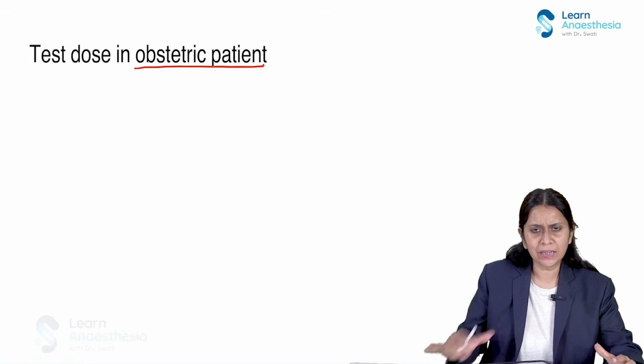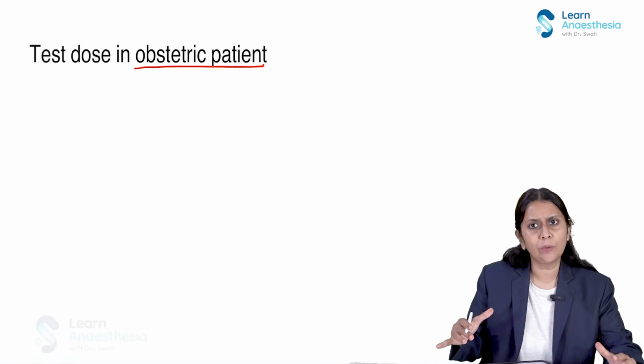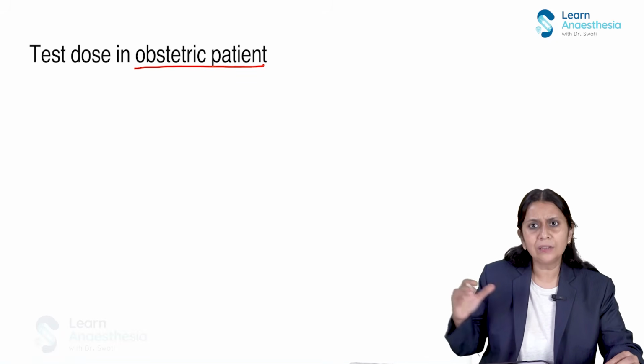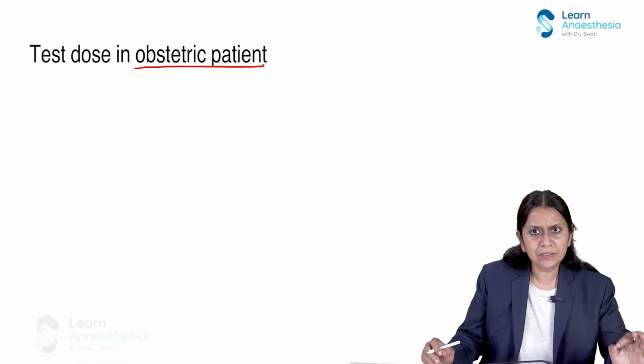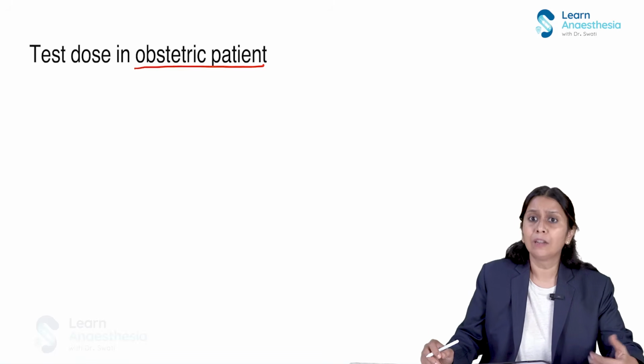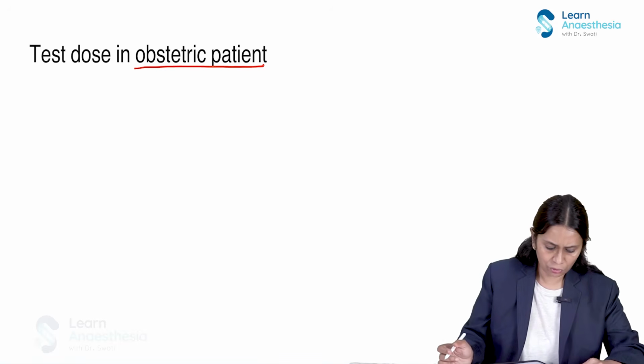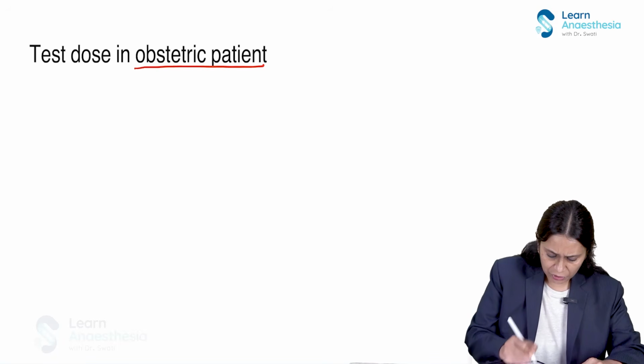So I would just say what is the problem of giving test dose in obs patient and what could be the other ways by which we can give a safe epidural local anesthetic without using a test dose. So in obstetric patient, what is the problem?